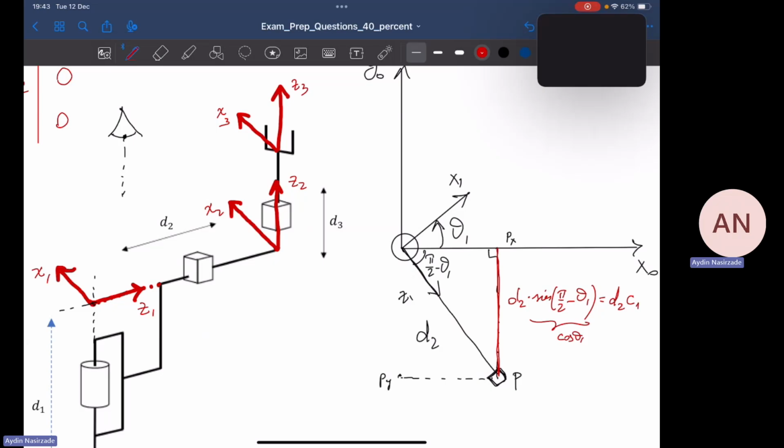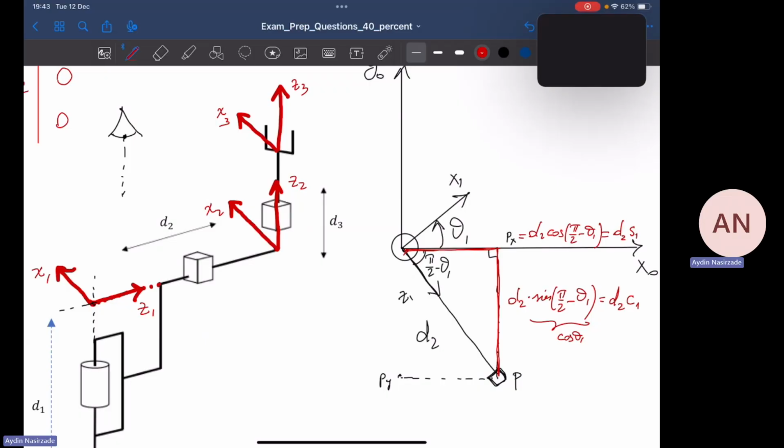What about px? This side of the right triangle is going to be d2 times cosine of pi by 2 minus theta 1, and cosine of pi by 2 minus theta 1 gives me sine of theta 1. So it becomes d2 sine theta 1.